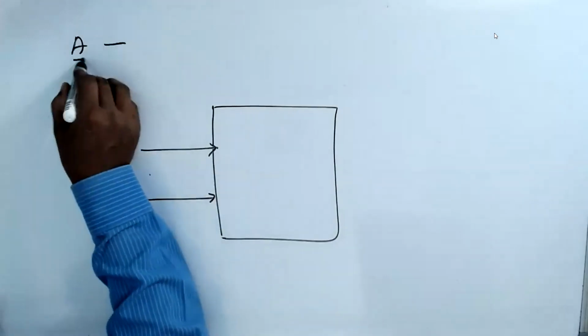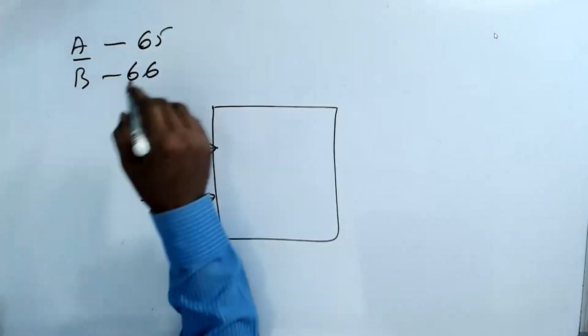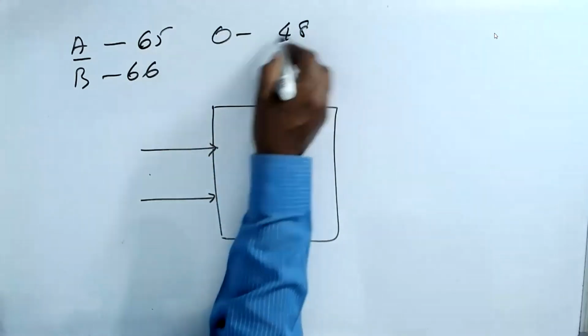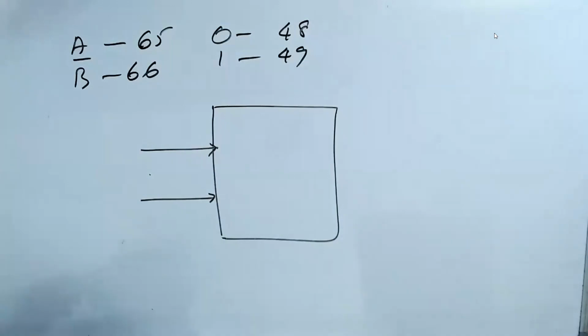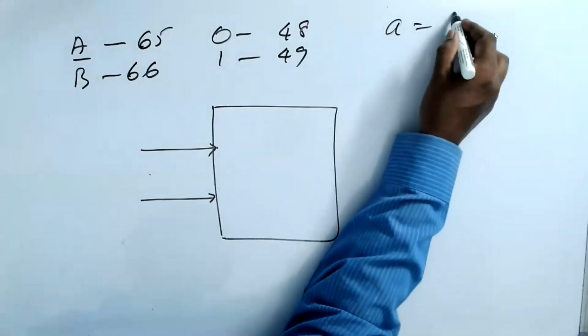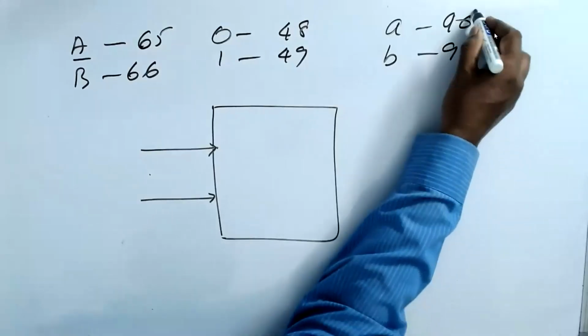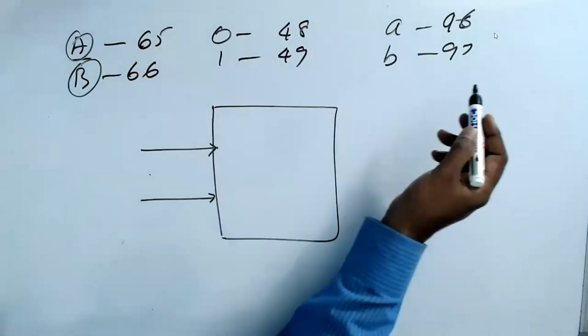If we say A means 65, B means 66, 0 means 48, 1 means 49. You can go and search the ASCII table. Or if you say A means 96, B means 97. For every character, there's an ASCII value.